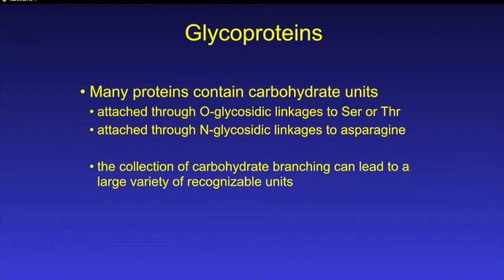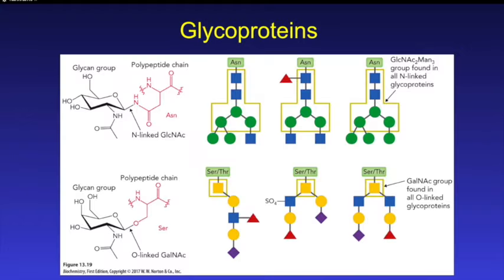The enzymes that are optimized to put sugars onto proteins bind to these specific shapes, and even though there are reactive species in other amino acids, the enzymes just don't bind to them to attach the sugars to the protein. Now what I want you to understand about these attachments, as we look up here, is the attachment to asparagine, and you can see the R group of the asparagine through the nitrogen makes a glycosidic bond.